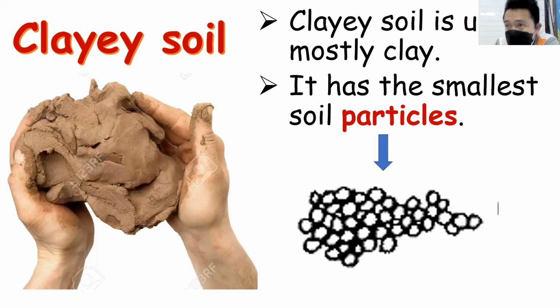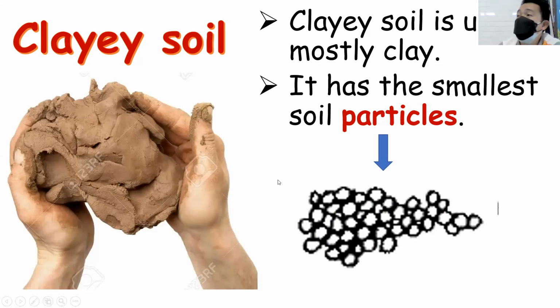Even if you get clay soil and look at it with your eyes, you cannot see the particles, because they are very fine. See that? The particles. So that's very dangerous. If the wind blows the soil and it comes to your eyes, that's also a dangerous thing because the particles are too small.